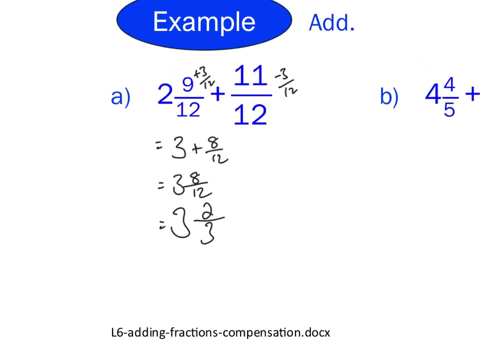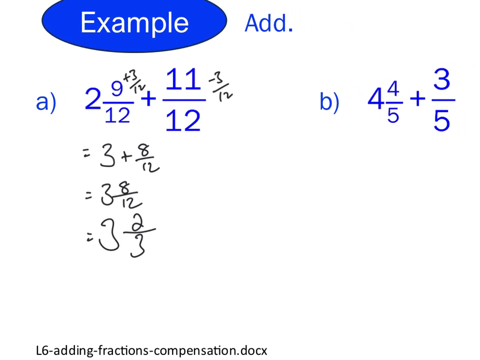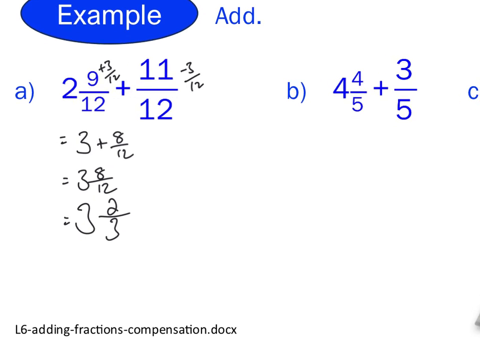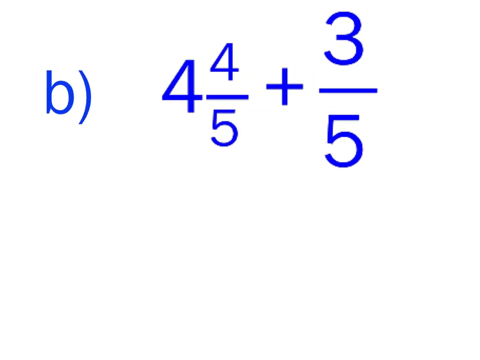All right. Next question. 4 4/5 plus 3/5. Bryce, how many fifths do I have to add to this to make one whole? 1. So if I add 1/5 here, I can subtract 1/5 on the second fraction.